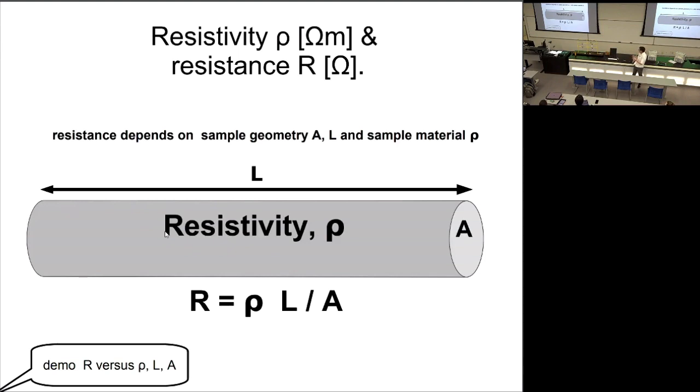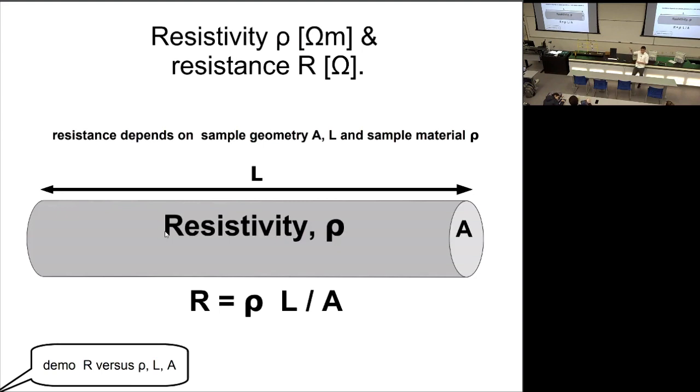So this is going to be a picture of the relationship between resistance, resistivity, and geometry. This cylinder of material, this cylinder of copper or aluminium or whatever it is, has a certain resistance that we measure in ohms. That resistance is determined by several factors.